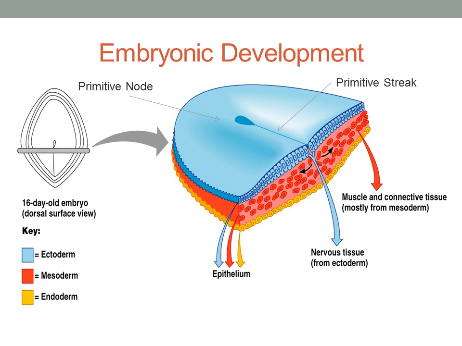So the trilaminar disc first starts to make its appearance around the 16th day, and it's at this point that we see definitively the separation out of the three distinct germ layers.